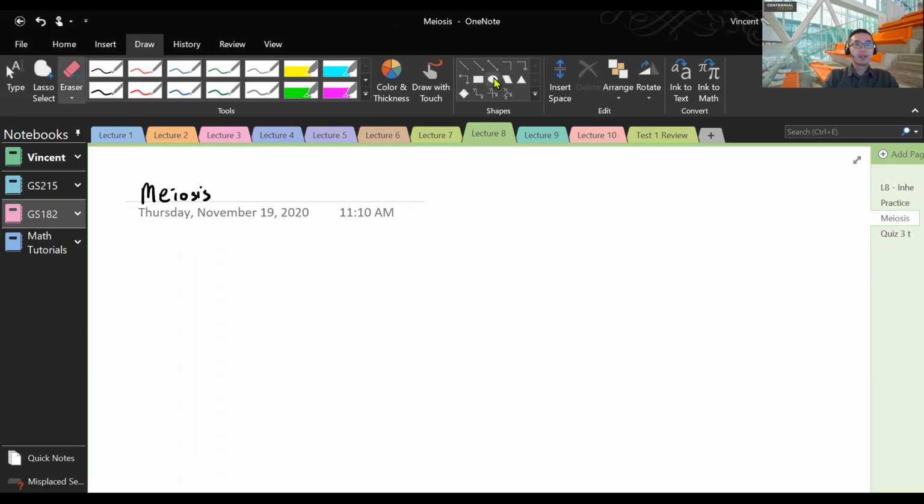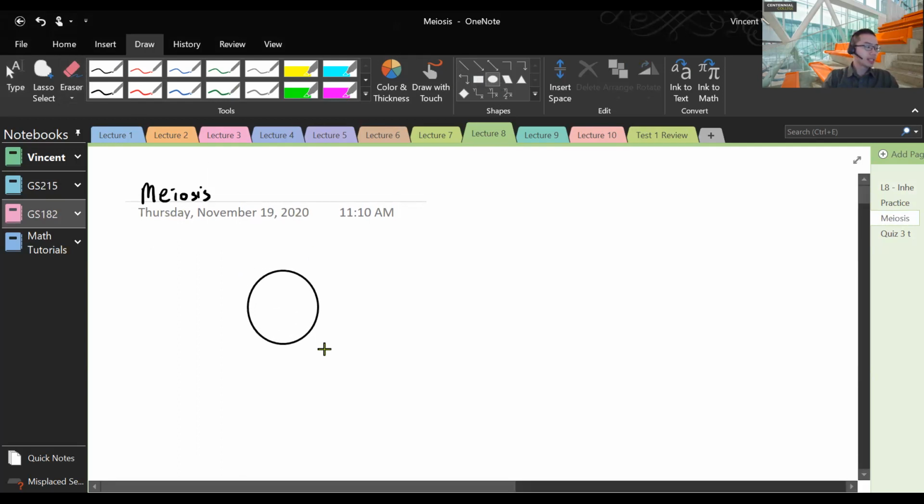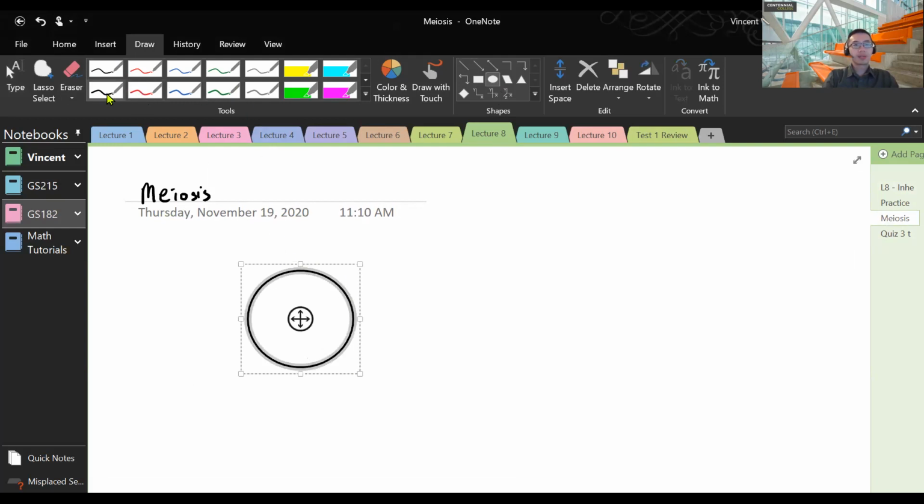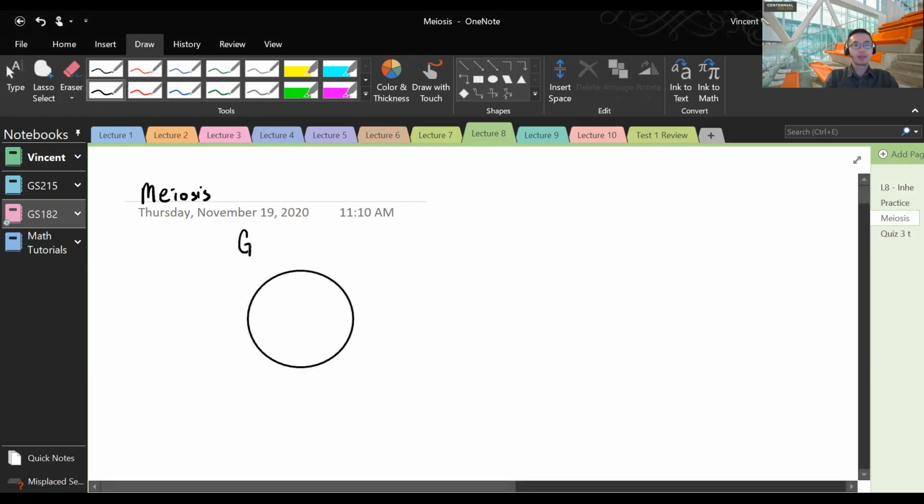We start with a cell right here, and this is what we call a germ cell. A germ cell is a cell that will become a sperm or an egg.